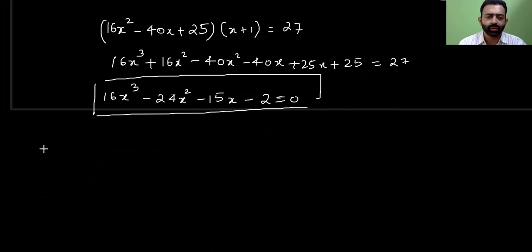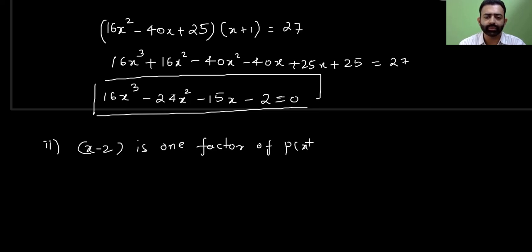Okay. So the second part here is that x minus 2 is one factor of p(x).